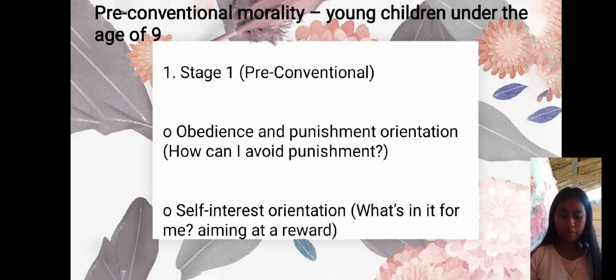Pre-conventional morality. Young children under the age of 9. Stage 1. Pre-conventional. The stages that are part of pre-conventional are Stage 1 and Stage 2, which are obedience and punishment orientation, and self-interest orientation.